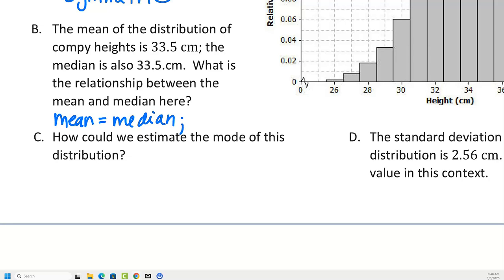Just as a note, this is generally true for symmetric data.